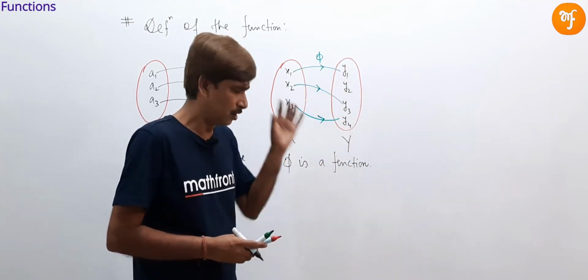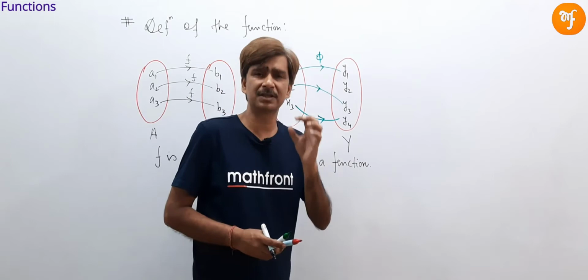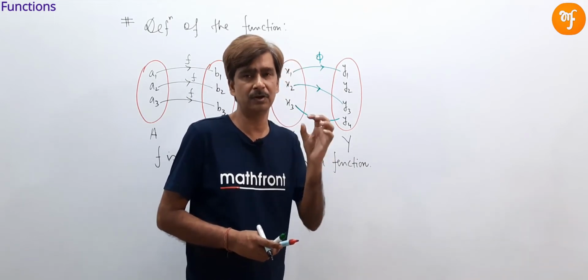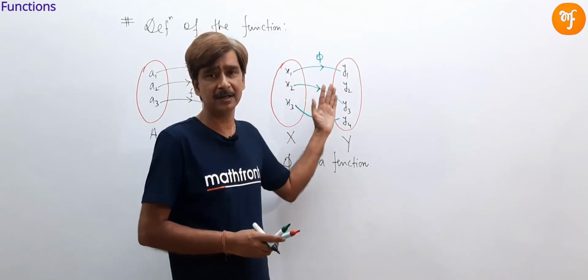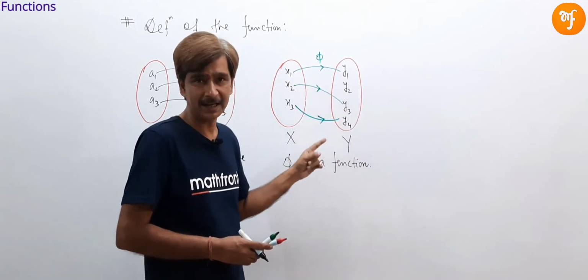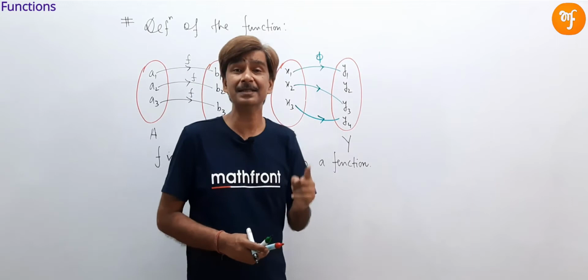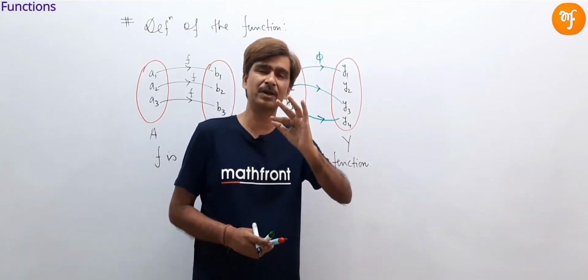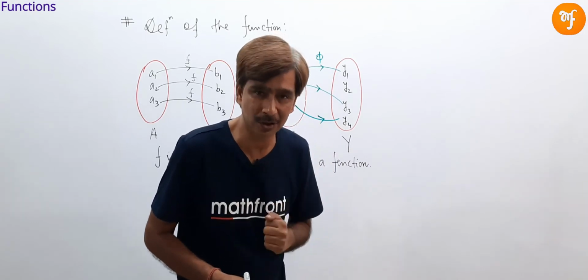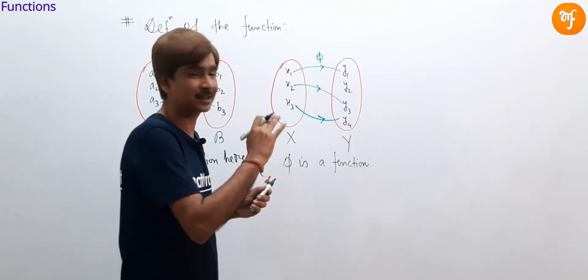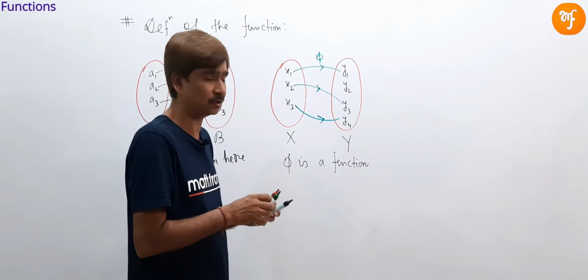Only two important conditions must be satisfied, which we already stated in the definition of functions: that each and every domain element has an image, and secondly, each and every domain element has a unique image. These two are enough to identify whether a relation is a function or not. Okay, clear?